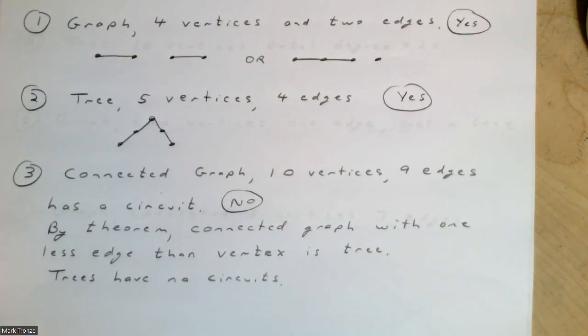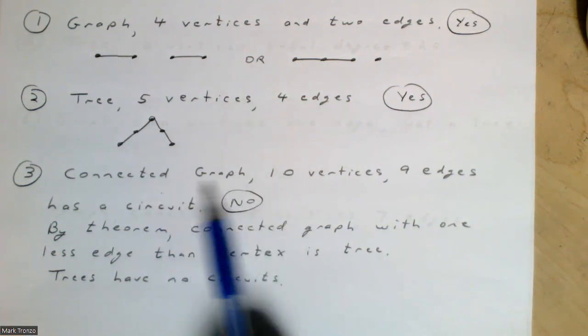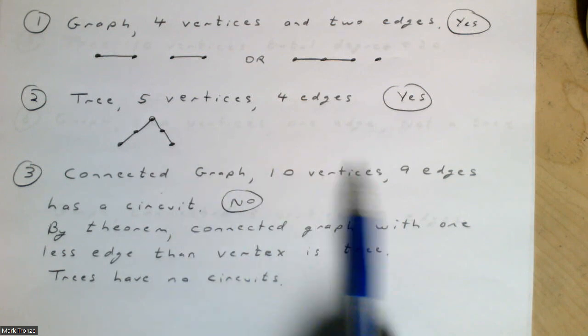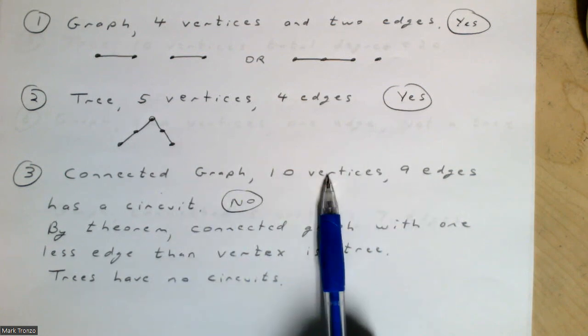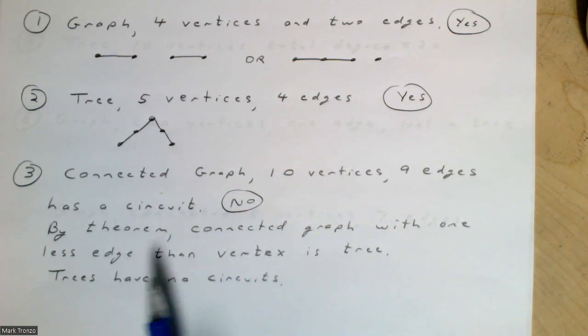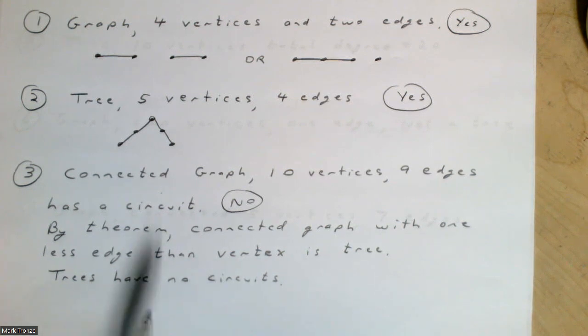So that one, no. So by this information here, this has to be a tree. It's connected, 1 less edge and vertex. It has to be a tree, but a tree by definition has no circuit. So this one's no.